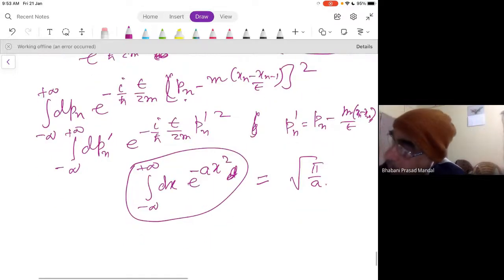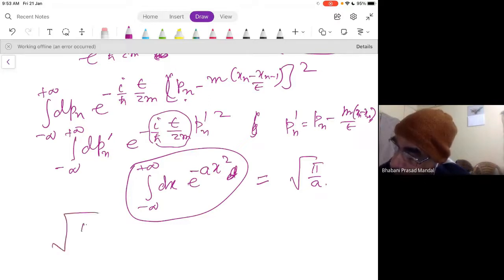What is my a here? a is this quantity. So the result of this p integration is root pi over a, with a being i epsilon over 2m h cut.